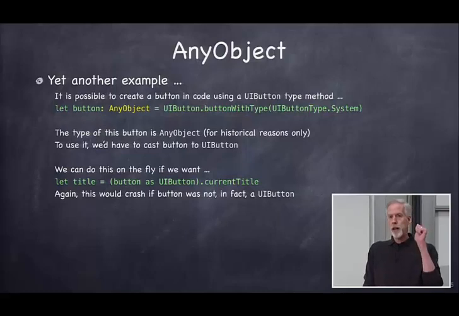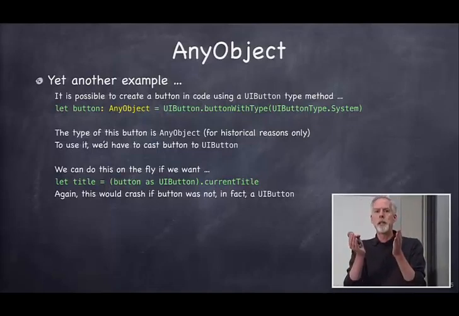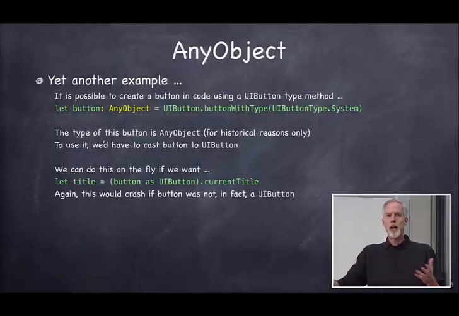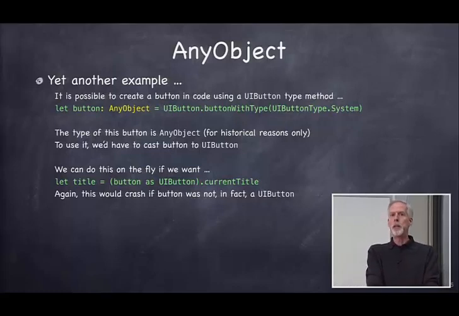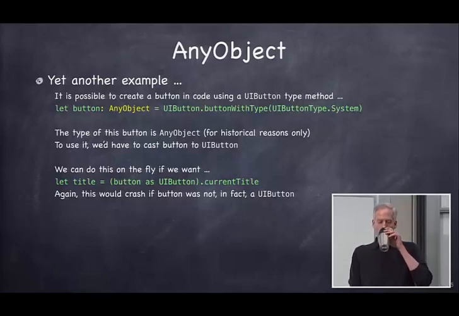So if I called that line on green at the top, then down here I could say the title of the button equals button as UI button dot current title. So I'm just casting that any object up there to be a UI button, and then sending it a message. Again, crash-a-roo if that button is not a button, but that's okay. In this case, button with type better darn well return a UI button.